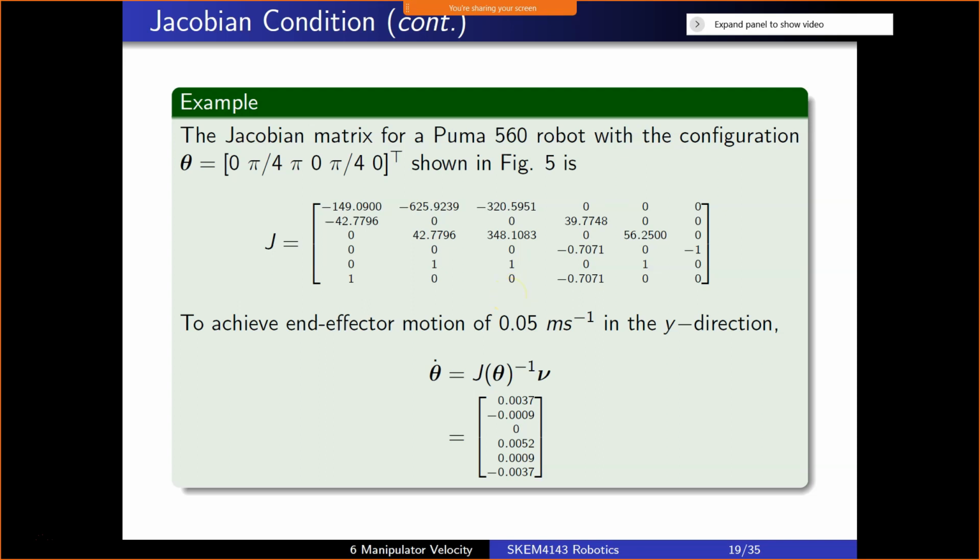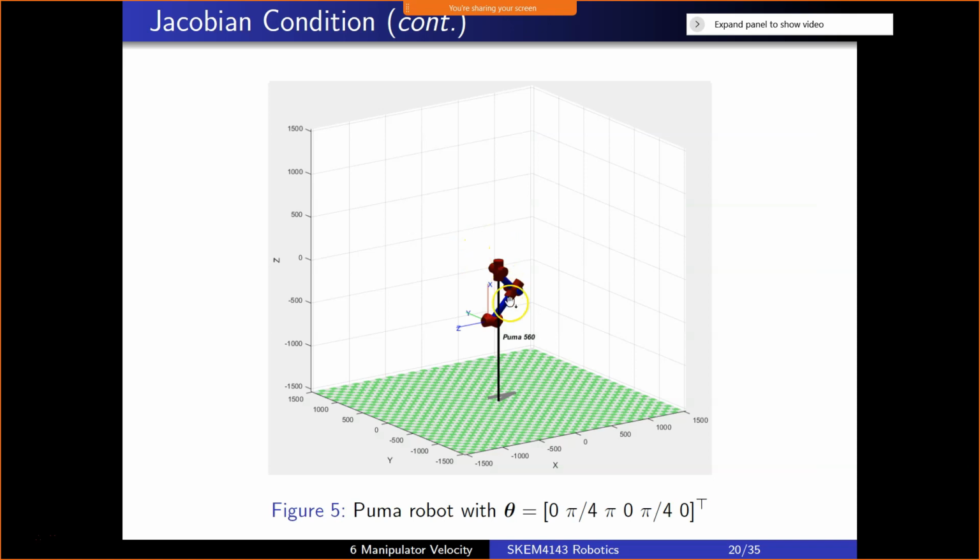We cannot always achieve condition number 2. It depends on the configuration of the robot. For a certain configuration, J becomes singular, which means the determinant becomes 0, as we will see shortly. Okay.